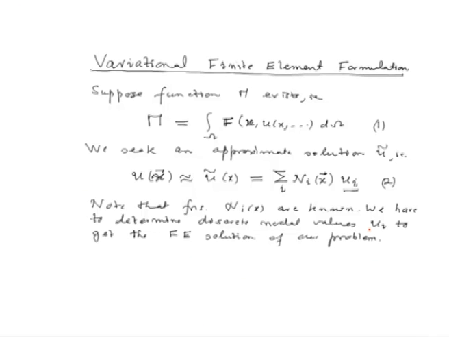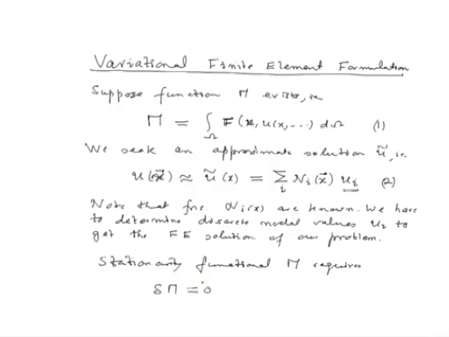Now, we seek a solution which would make pi stationary. That is, stationarity of functional pi requires that delta of pi is equal to 0.